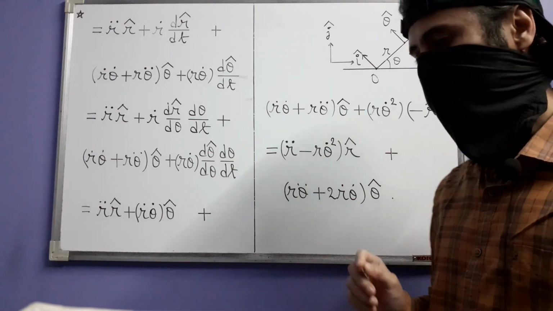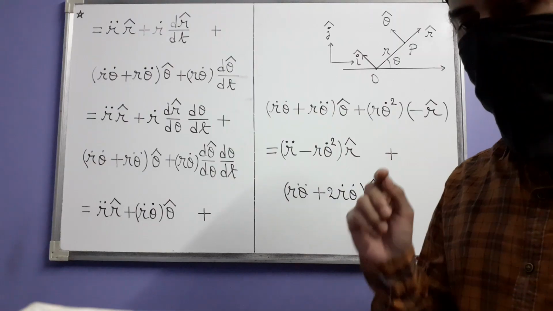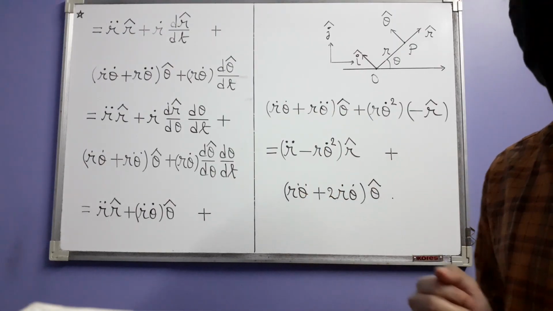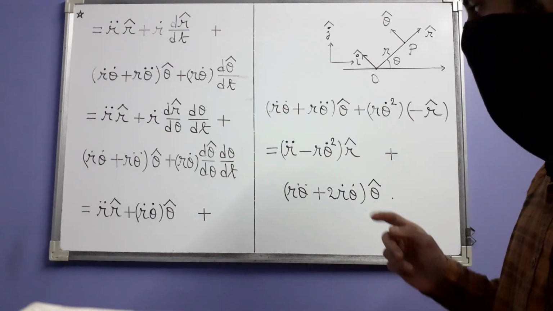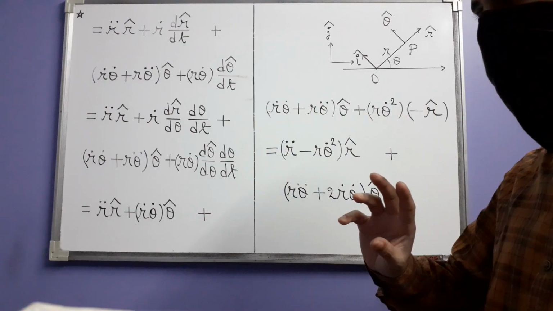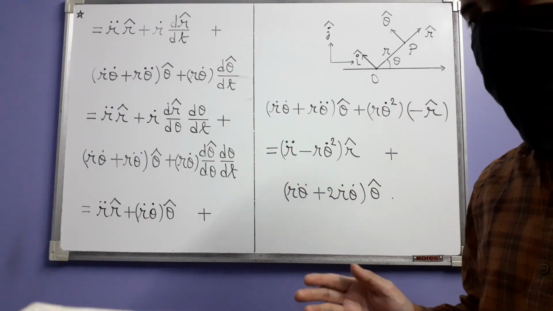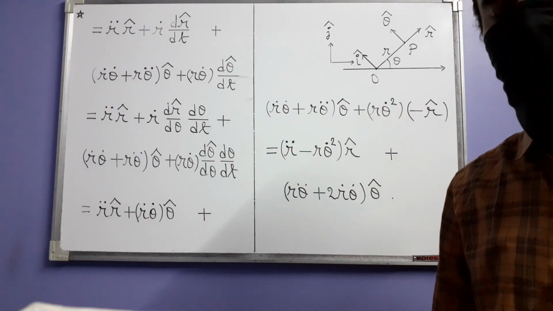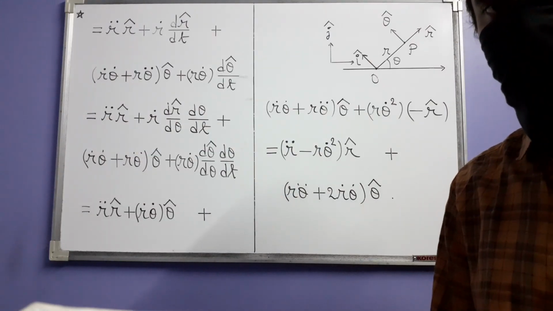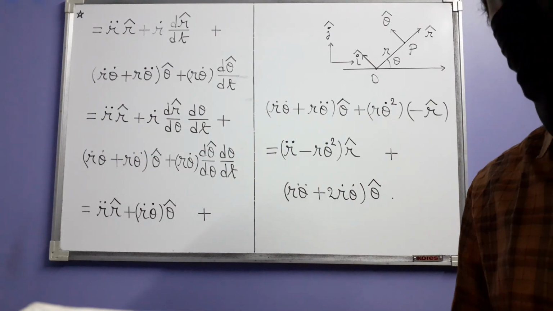You might genuinely ask why we need these polar representations of velocity and acceleration, because they really look very complicated. The answer is that they will be useful in studying motions where there is a rotational aspect, where things are not really along a straight line. There these things will be useful.